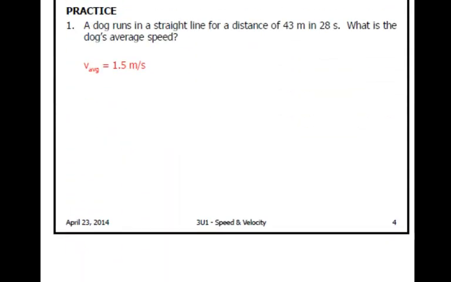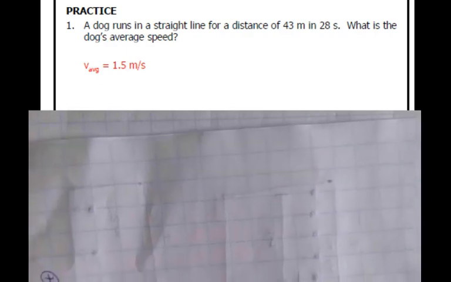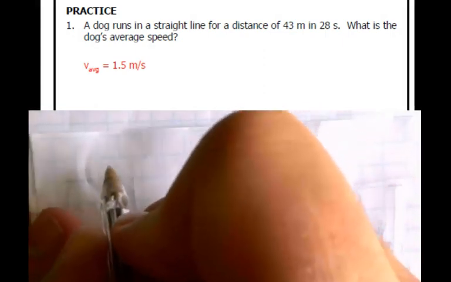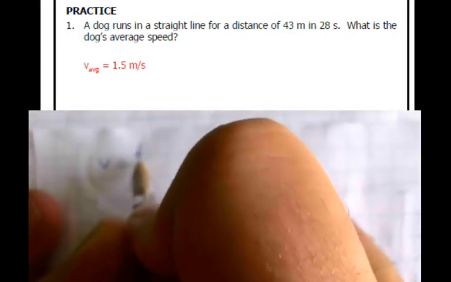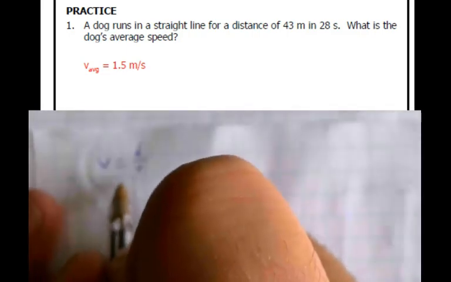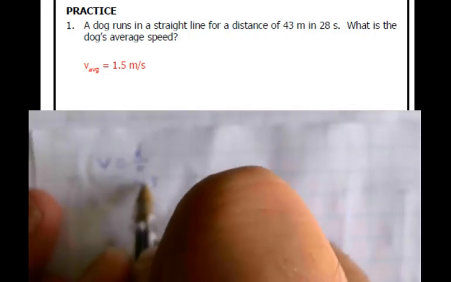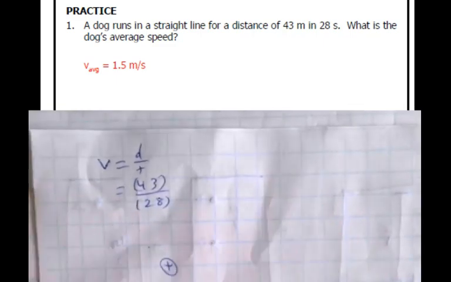Let's look at a sample problem. A dog runs in a straight line, and the distance that the dog travels is 43 meters, and the dog travels this distance in 28 seconds. So v is d over t. My distance traveled by the dog is 43 meters over 28 seconds.